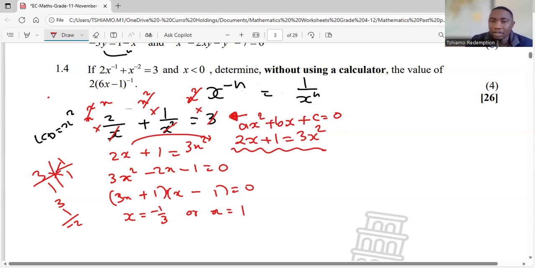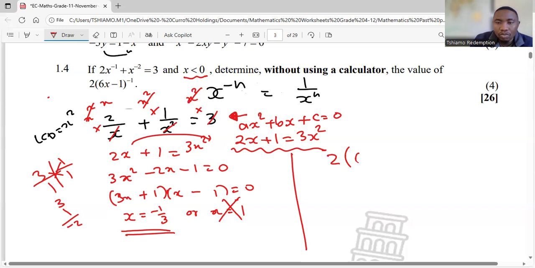Okay, now let's continue. Now the second part of this says x is less than 0, meaning this part won't apply. Only one that will apply is this one, where x is negative. So how would we find this expression? So 2x to the minus 1, and that I can write it also in that form, where this becomes the denominator.